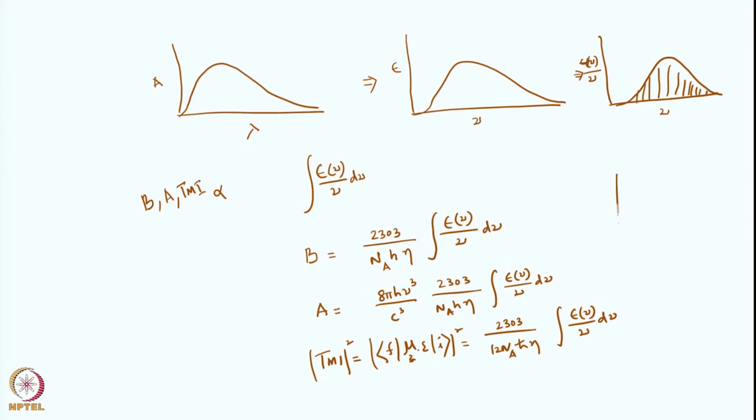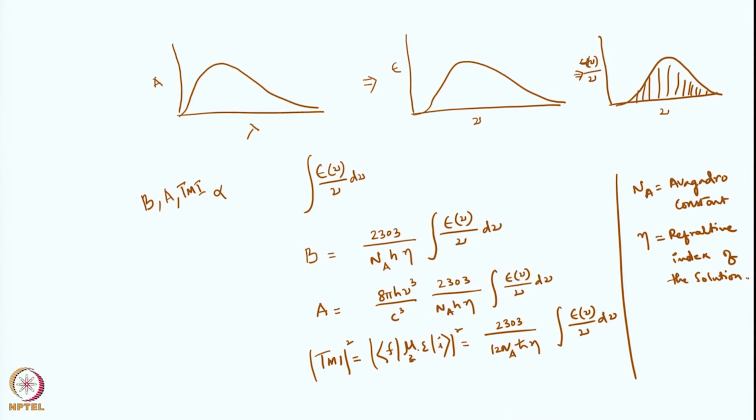Now, in this case of course Na is the Avogadro constant, and eta is the refractive index of this solution.